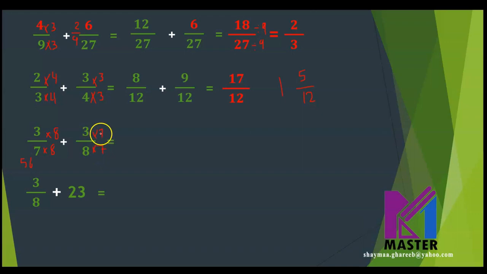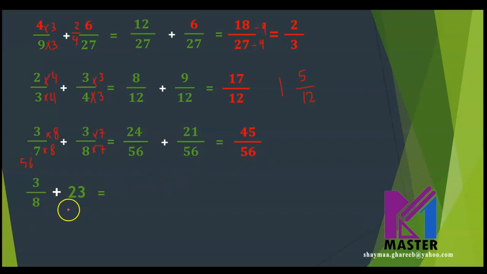So now I have the first fraction as 24 over 56, and the second fraction will be 21 over 56. Now I can add, so 24 plus 21 equals 45 over 56. Can I simplify this fraction? No, it is in the simplest form.